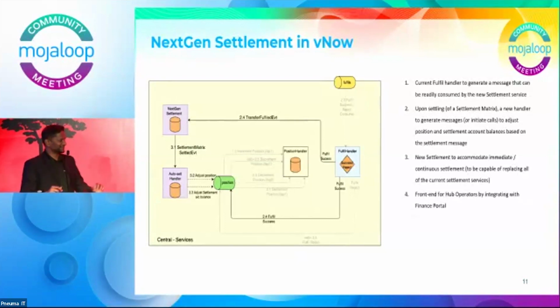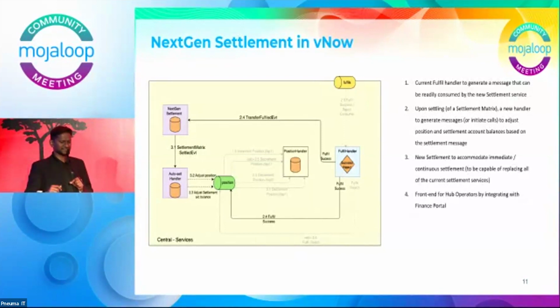Okay, there are too many boards for me to show this, but one was the incoming messages into the next gen settlement service, and there it needed to follow a specific format, like how the events are being generated now from transfers BC. So we were looking at that as one of the things that has to be done.